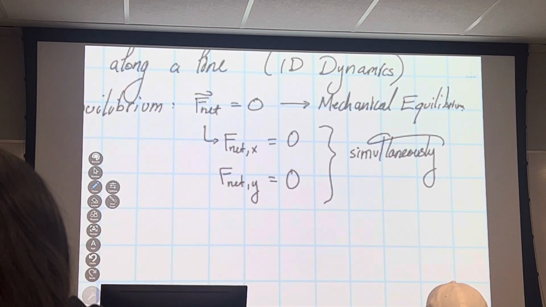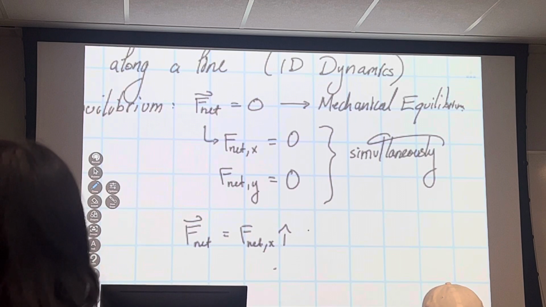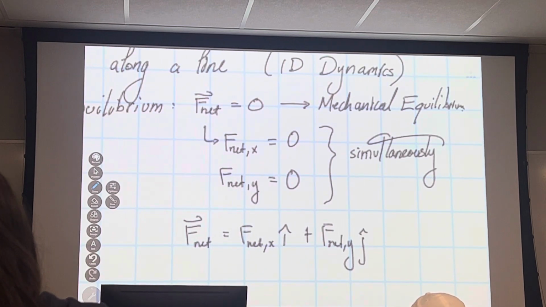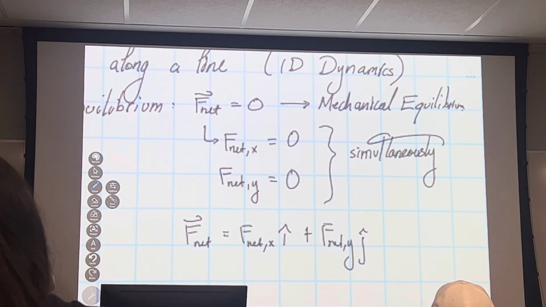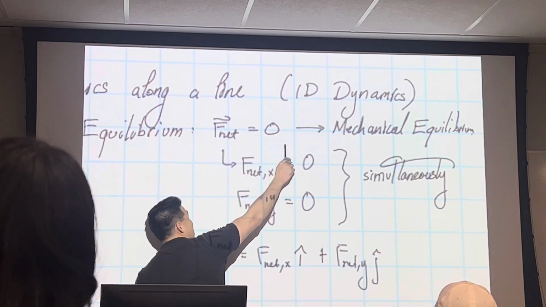Now, just for completion, I'm going to write the net force in its full form. F net is going to be F net in the x times the unit vector i plus F net in the y times the unit vector j. So you're in mechanical equilibrium when this is true.